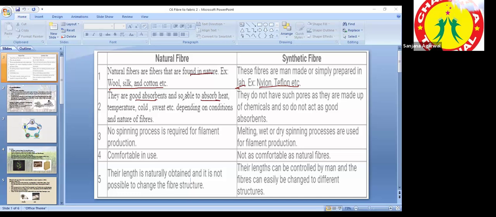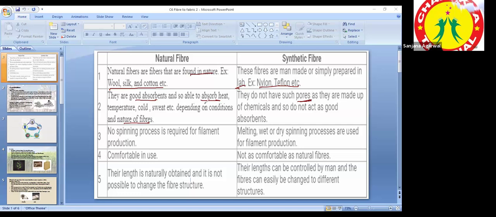Evaporation is good through this type of fabric, so we feel cool. In wool, air gets trapped inside the air spaces, and air is a bad conductor, so it doesn't allow the body heat to escape. Hence, by wearing wool, we feel warm. So natural fiber in every way gives us comfort in any climatic conditions, whereas synthetic fibers do not have pores.